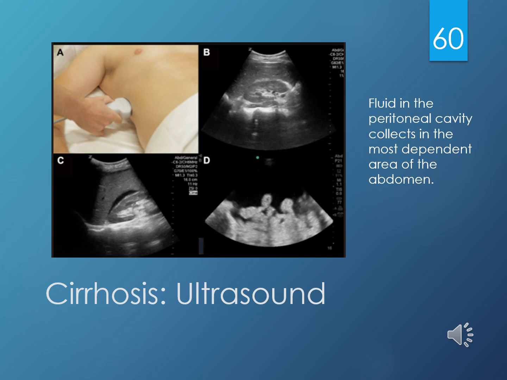So fluid in the peritoneal cavity, whether it's ascites or blood, like a hematoma from trauma, collects in the most dependent area of the abdomen. And that's all that we say in radiology when we talk about dependent. We just say dependent. So what does dependent mean? They mean gravity dependent. Just kind of leave the word gravity out.